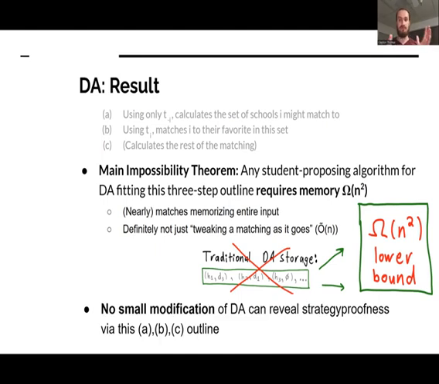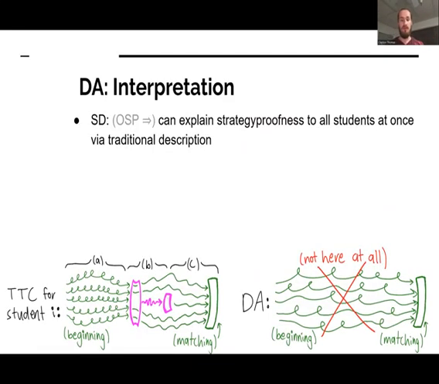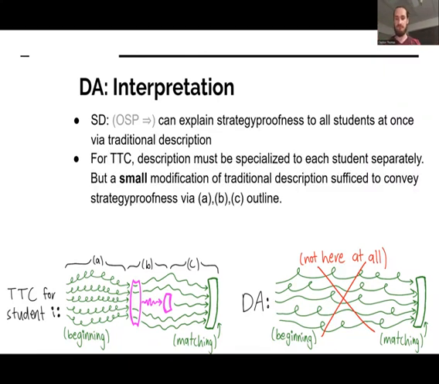So a direct interpretation of this is that no small modification of DA could reveal strategy proofness via this ABC outline. But what I think was really interesting about it is putting it in the context of SD and TTC. For SD, our life was great. We could explain strategy proofness to all students at once, simultaneously with the traditional description.